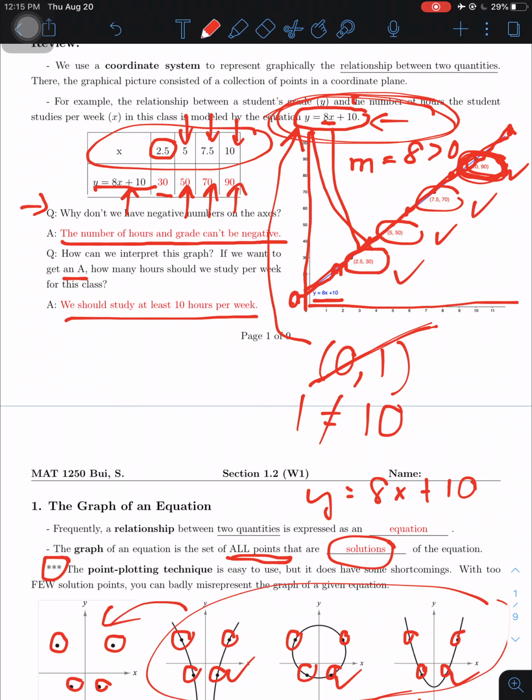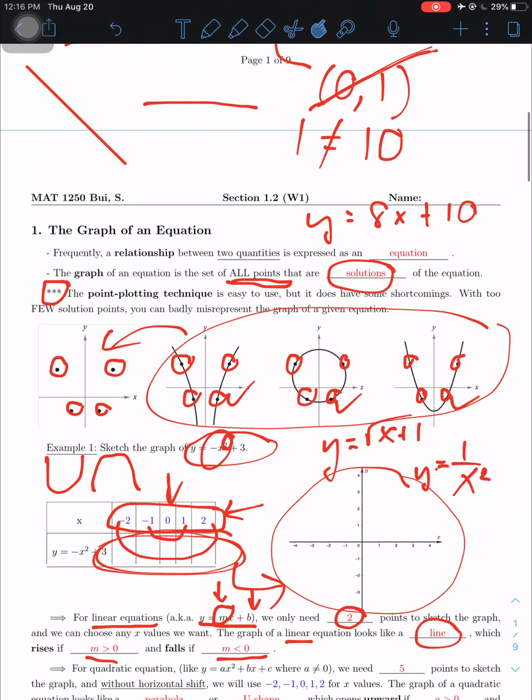If 8 in here, for example, is some other number that's negative, say negative 2 or negative 3, we'll have a falling line like this. Okay? And if you ever have the case when m equals 0, we're going to have a flat line, like a horizontal flat line. Okay? But for now, you don't have to mind all of that information. We're going to talk more about it in the next sections.